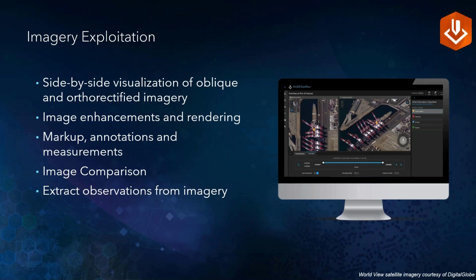Users can perform image enhancements and measurements, create annotations, compare pre and post images from a disaster, or extract observations from oblique images and store the information directly into their enterprise databases, all without requiring the need to duplicate this entire workflow in other applications.